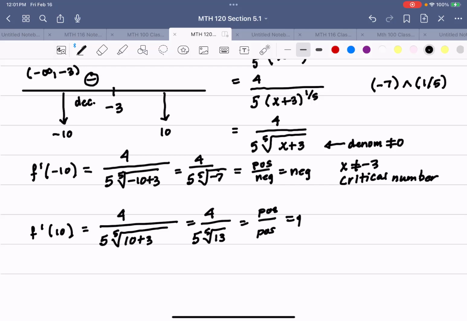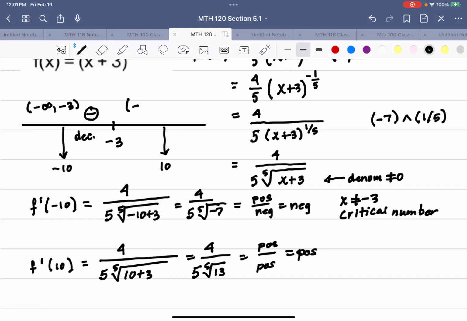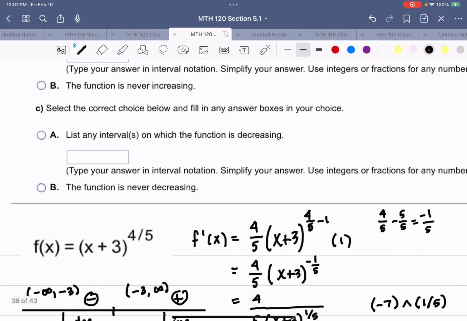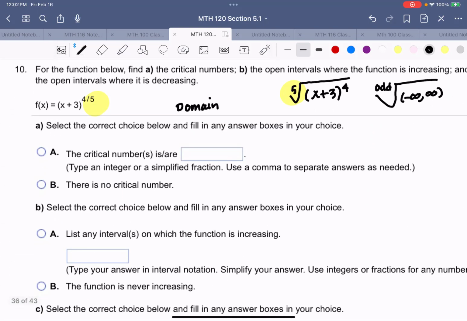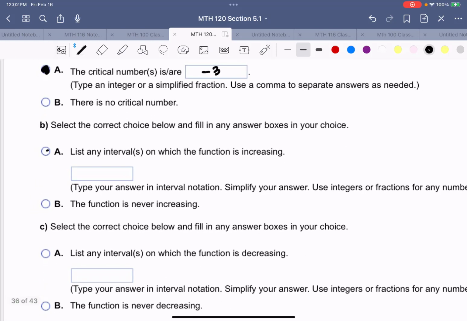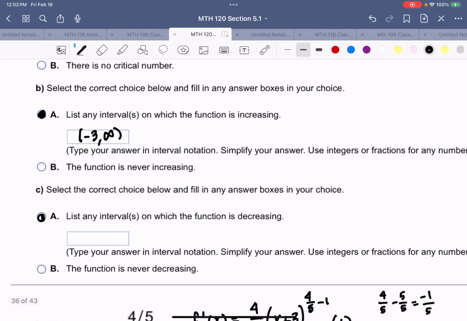This is going to be a positive. So in the region from -3 to positive infinity, the derivative is positive, therefore the function is increasing. So we have one critical number, -3. The function is increasing from -3 to infinity and decreasing from negative infinity to -3.